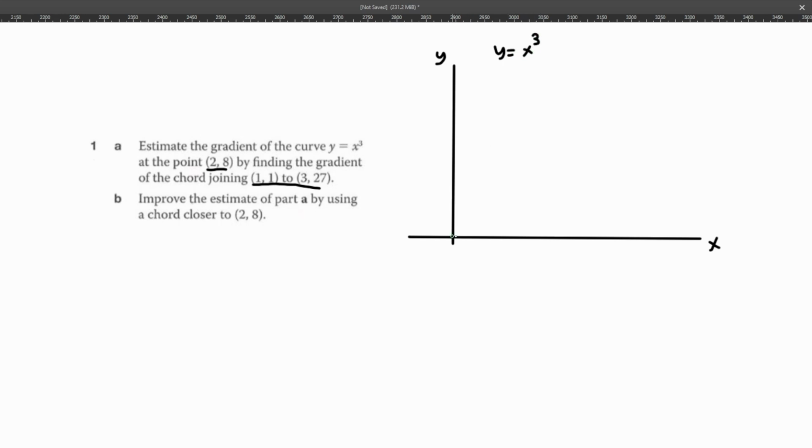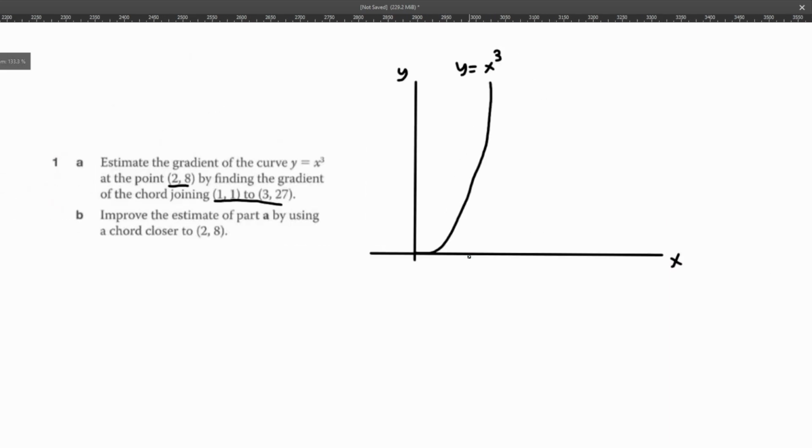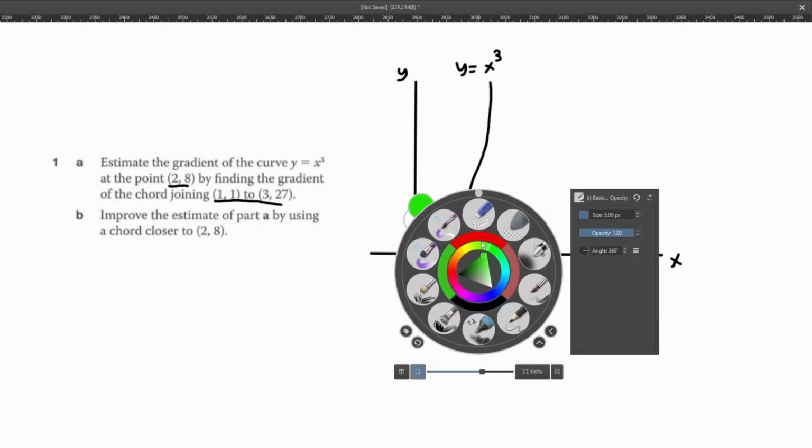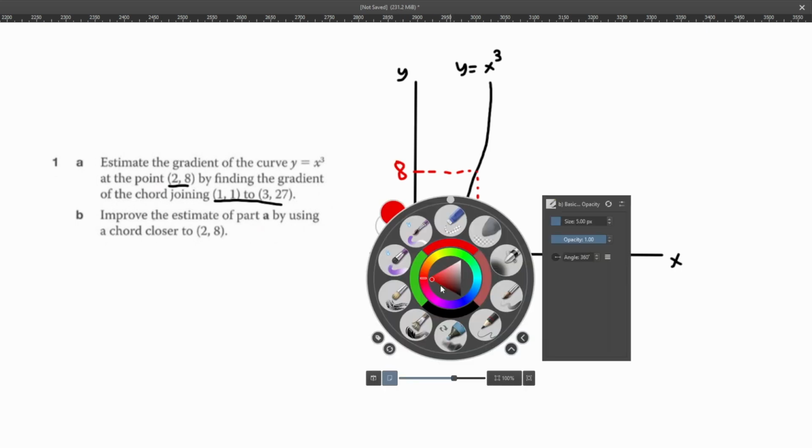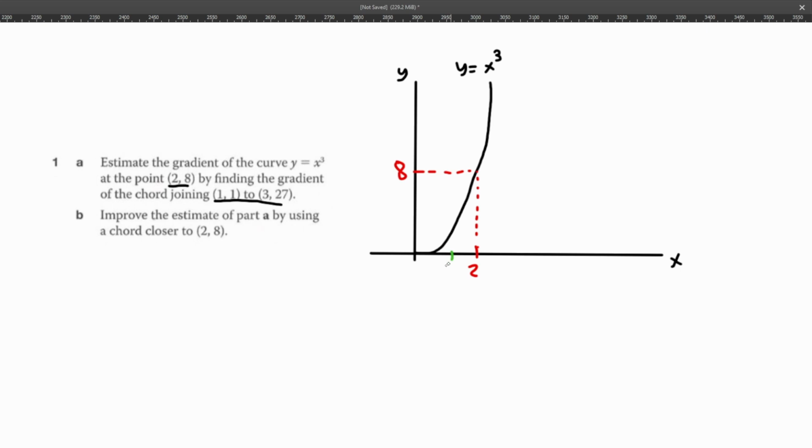We have a point (2, 8). I'm going to color this in green: we have a point (1, 1), and we have a point (3, 27).